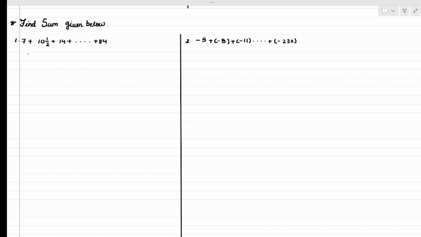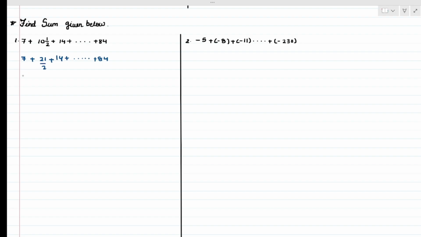So for this, first of all, convert this AP into proper format. My AP becomes 7 plus 10 2s are 20, 20 plus 1, it becomes 21 upon 2 plus 14 plus dot dot dot and your last term, that means your AN is equal to 84.